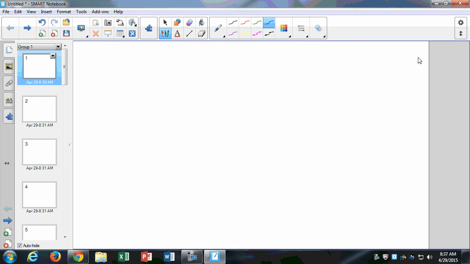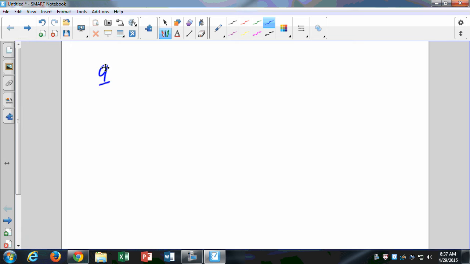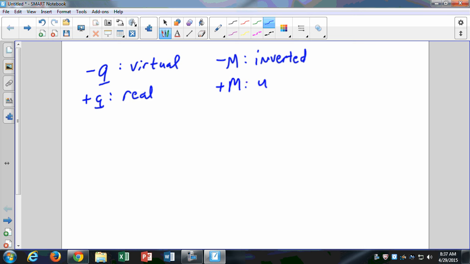So just to recap that, if I have a negative image distance, that means it's a virtual image. If I have a positive image distance, that means it's a real image. If I have a negative magnification, that means it's inverted. If I have a positive magnification, that means it's upright.